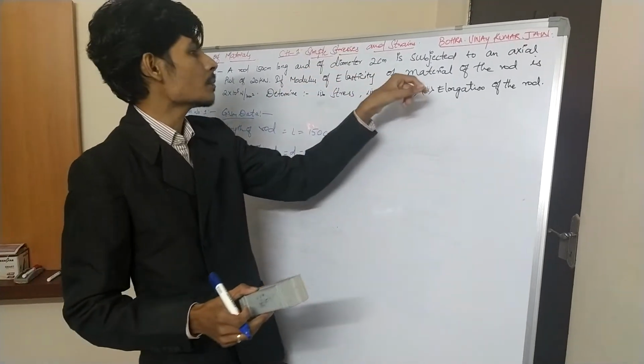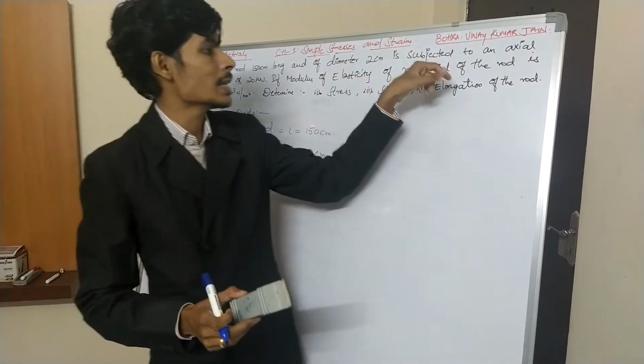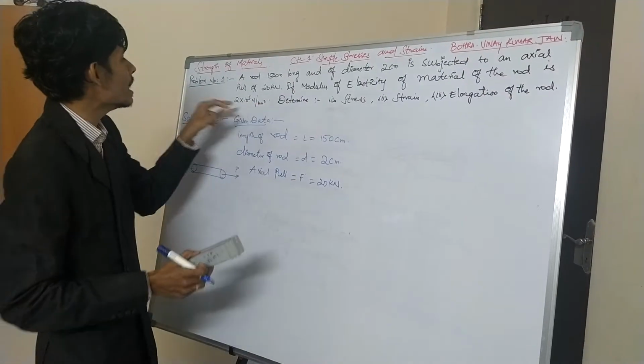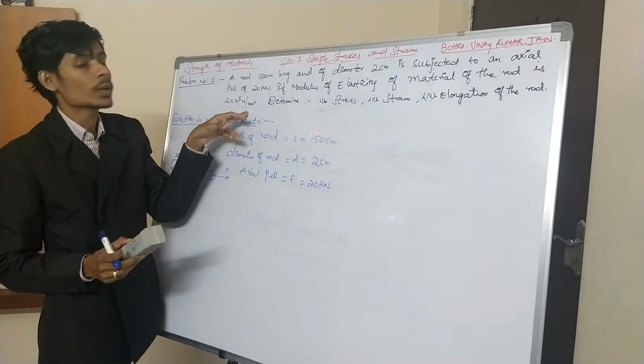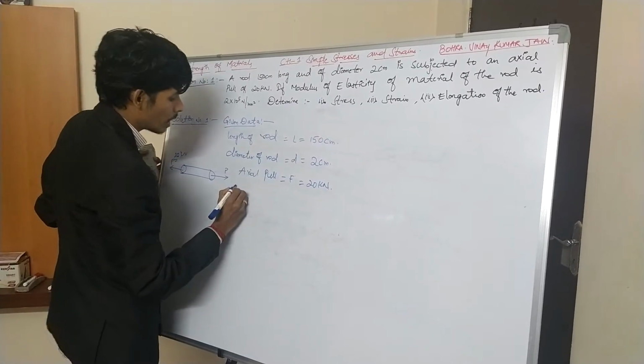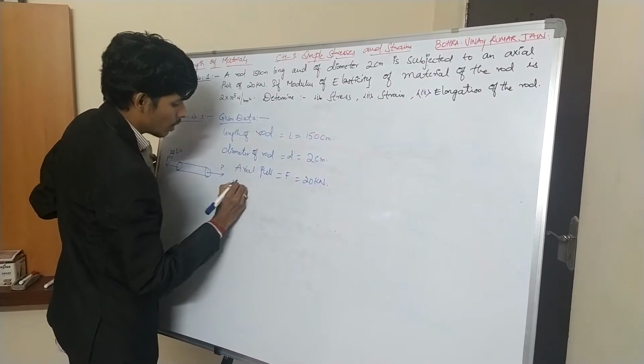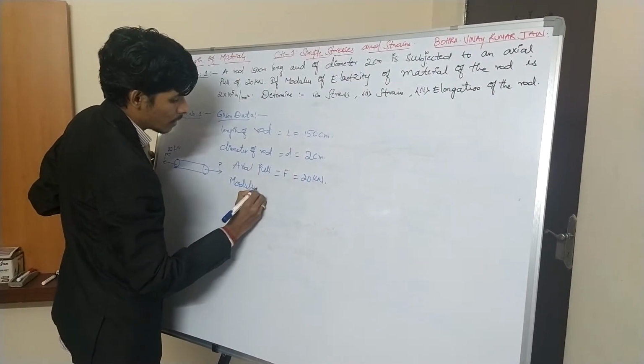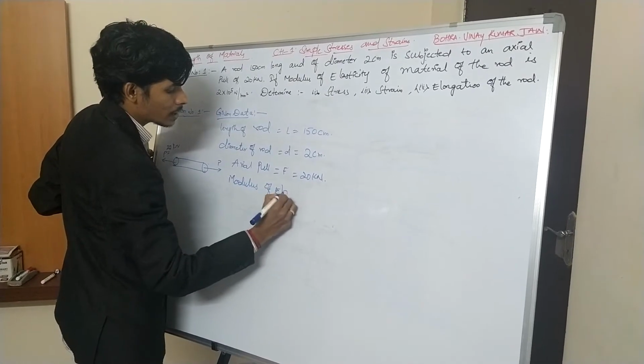And given is the modulus of elasticity of the material of the rod, 2 into 10 power 5 Newton per mm square. You can call it Young's modulus also.